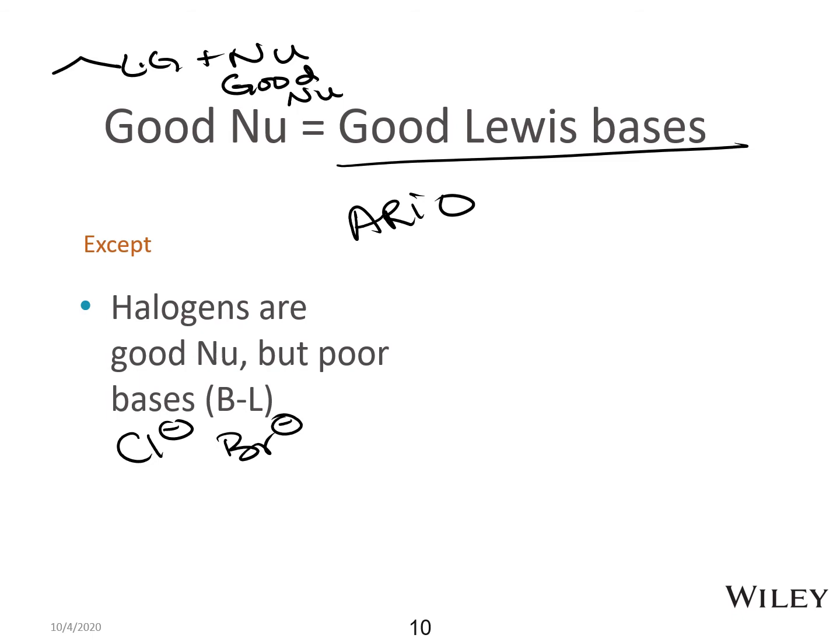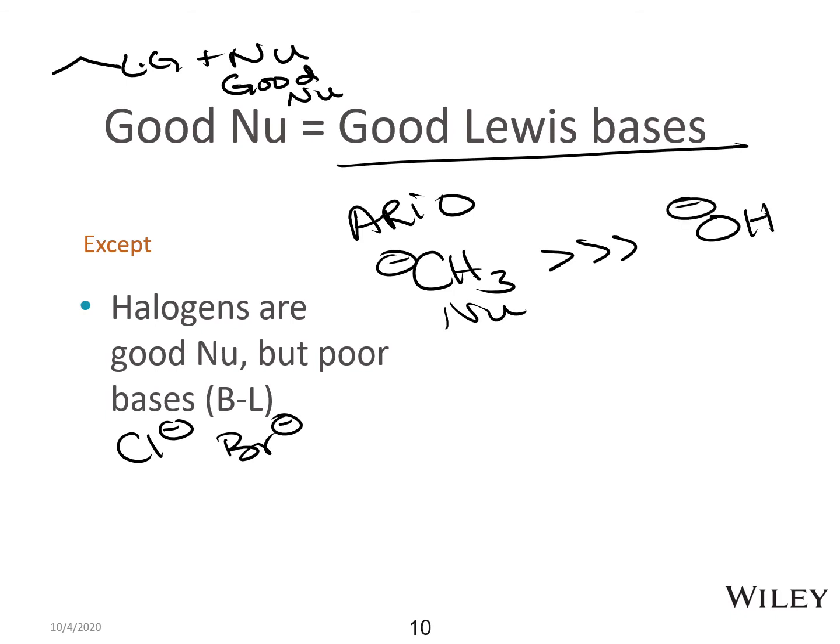An example of a good nucleophile is something that is a very unstable Lewis base, meaning a very reactive Lewis base. For instance, CH3 methyl anions are extremely strong nucleophiles, very strong as compared to something like an OH. So these will react extremely quickly.